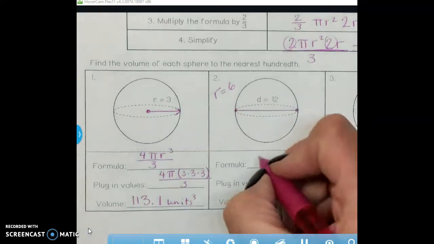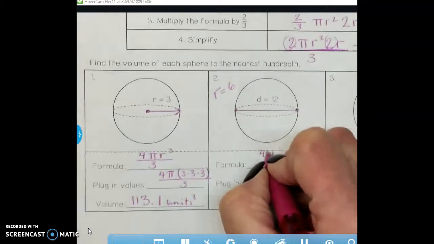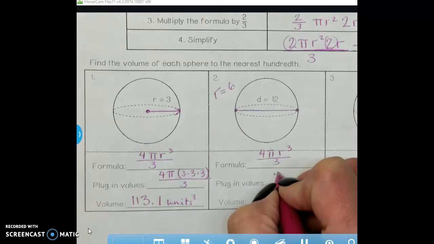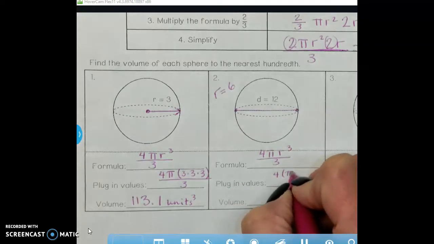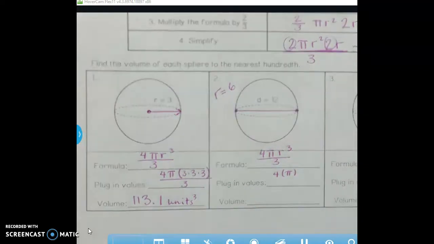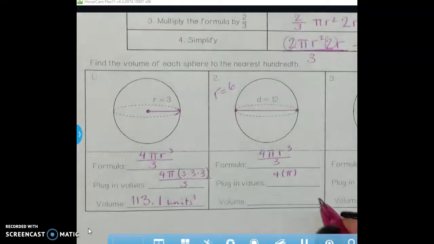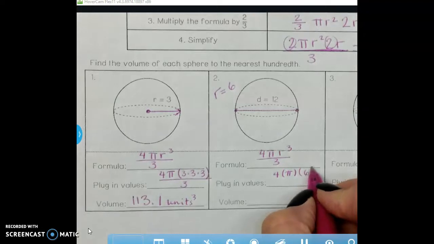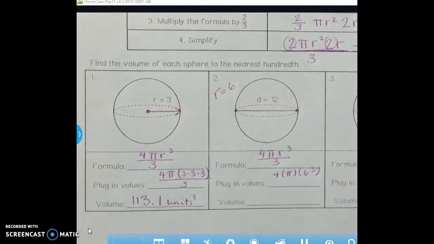All right, so let's set up our formula. 4 pi radius to the third divided by 3. I'm just writing pi because we do know the value of pi, 3.14. We do know how this works. So radius would be 6 to the third power. Remember that your exponents are still your priority during order of operations.